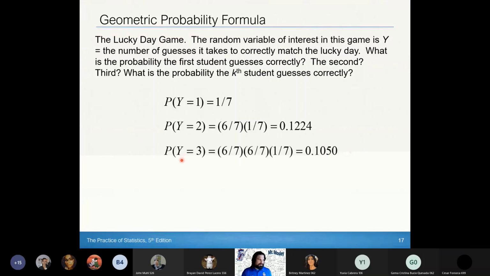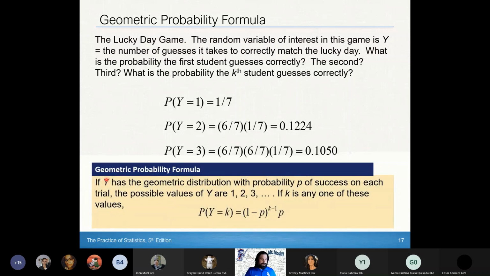For 3, that means the third guess was correct and the first 2 were incorrect: 2 incorrect answers times 1 correct answer, and we get 0.1050. So essentially this keeps building incorrect answers, and the last multiplication will be the probability of a correct answer. We'll always only have 1 multiplication of the probability of correct, and then we just keep multiplying incorrect.